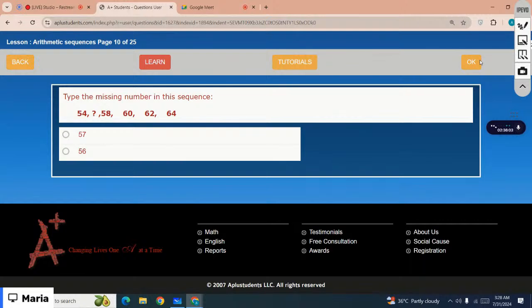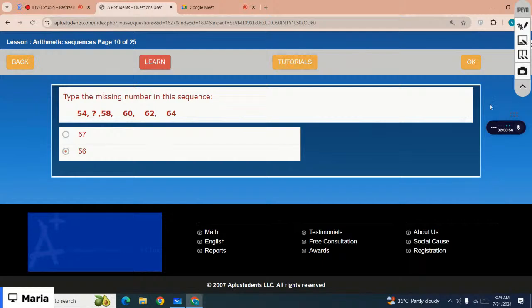Type the missing number in the sequence. So which number is missing? Yes, the missing one is 56.